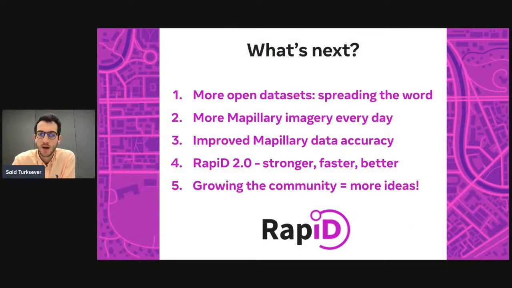It's already in beta, and if you want to check it out, I can also send a link after the conference. Right, and we are also working on growing the community. If you have any ideas to bring more open data to Rapid or contribute to Mapillary, feel free to approach us, and we can chat further.